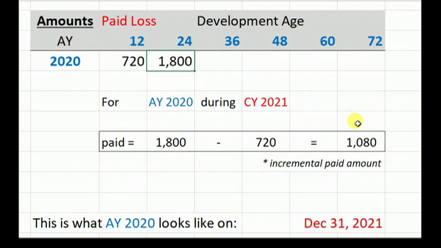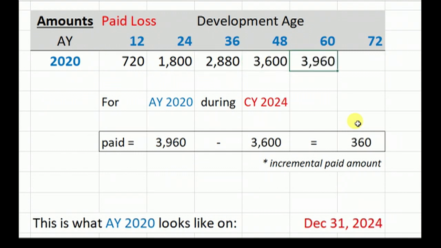Just watch as each year adds a new data point. Now, notice that these data points on the top row are cumulative paid amounts. Cumulative paid loss or cumulative paid claim, same thing. But if the label just says paid loss, you can generally assume it's a cumulative triangle.